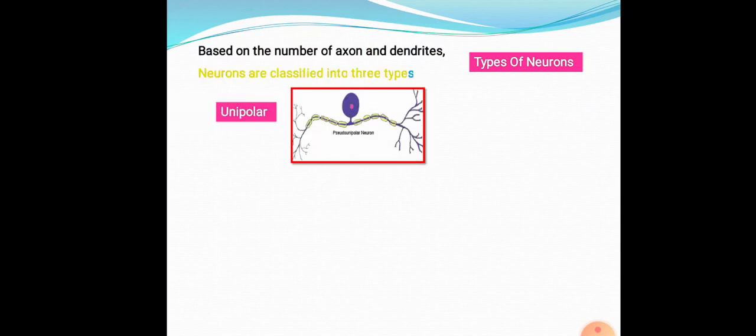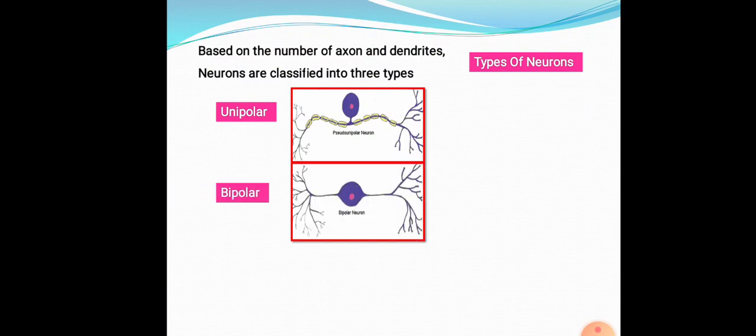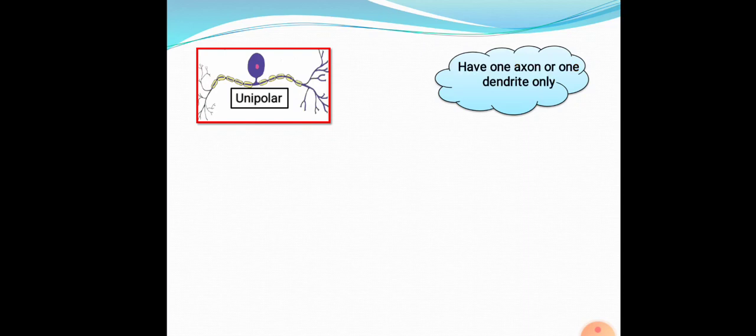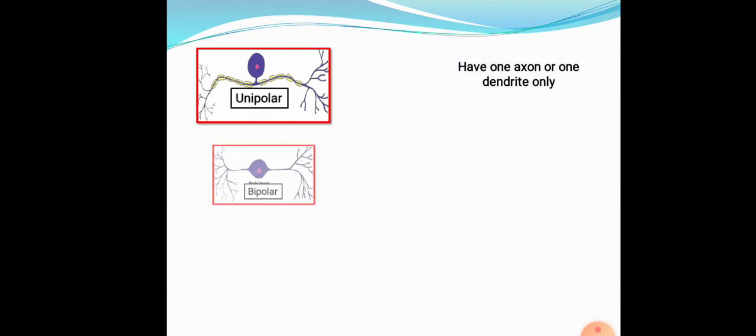Let us see the types of neurons. Based on the number of axons and dendrites, neurons are classified into three types: unipolar neuron, bipolar neuron and multipolar neuron. A unipolar neuron may have one axon or one dendrite only, and it is found in the embryonic stage.